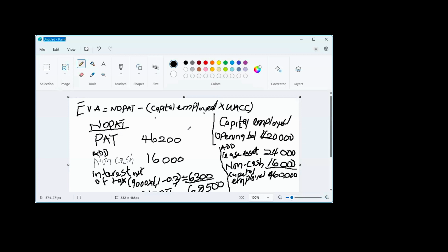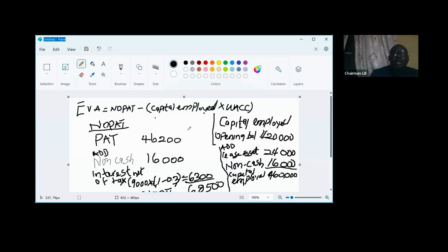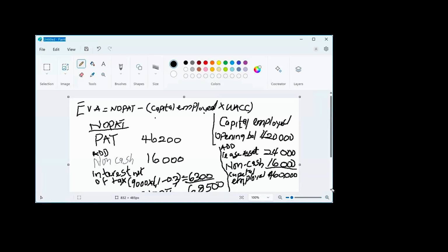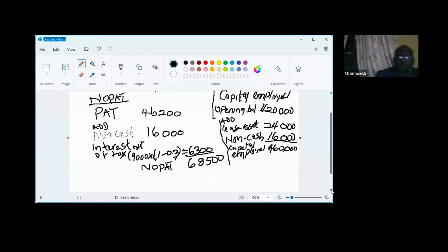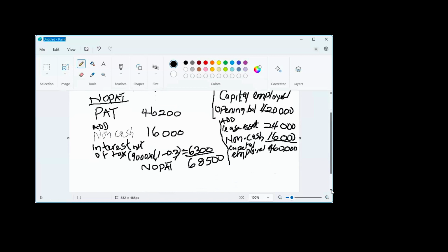Now, I've gotten my notepad. I've gotten capital employed. I need to get my work. Sorry, sir. My network was bad. I didn't get why we added the non-cash expenses.